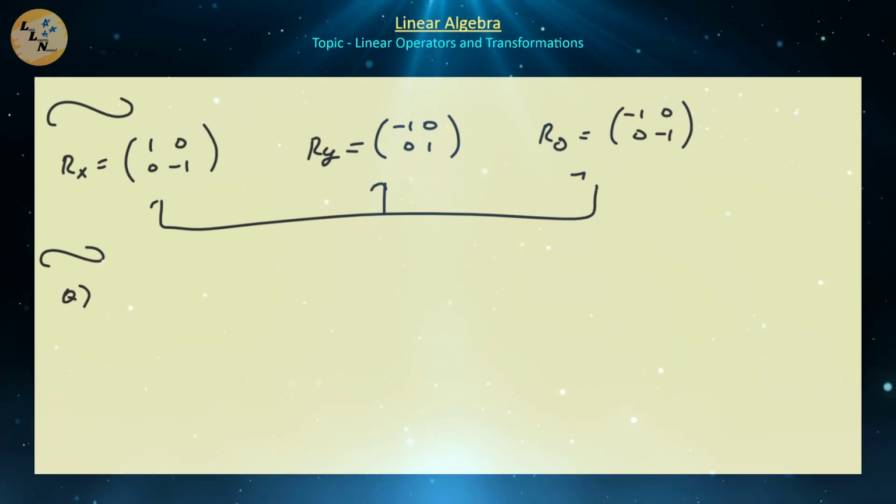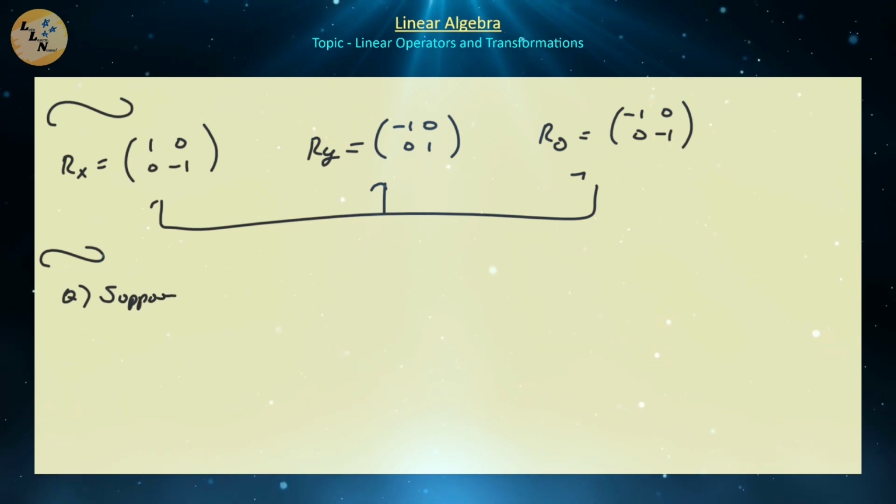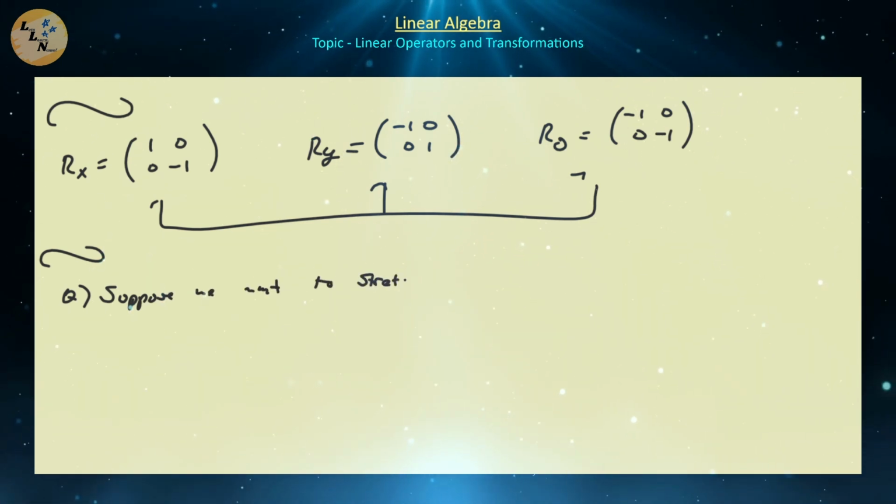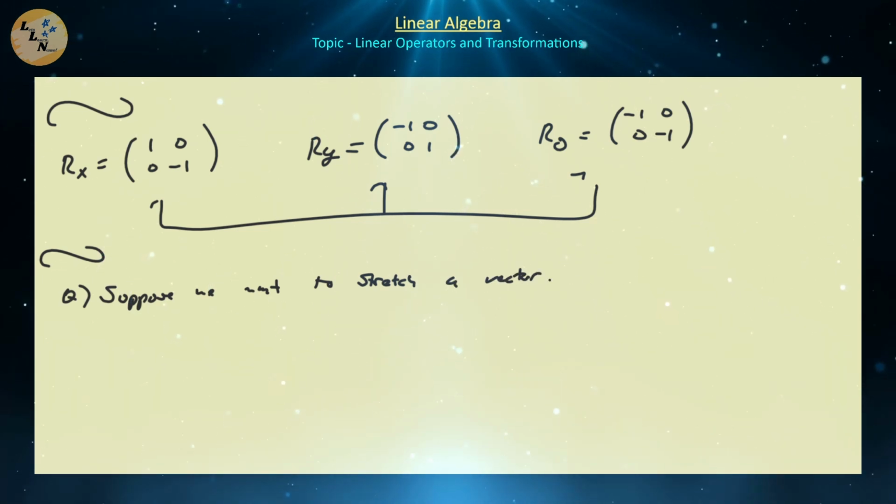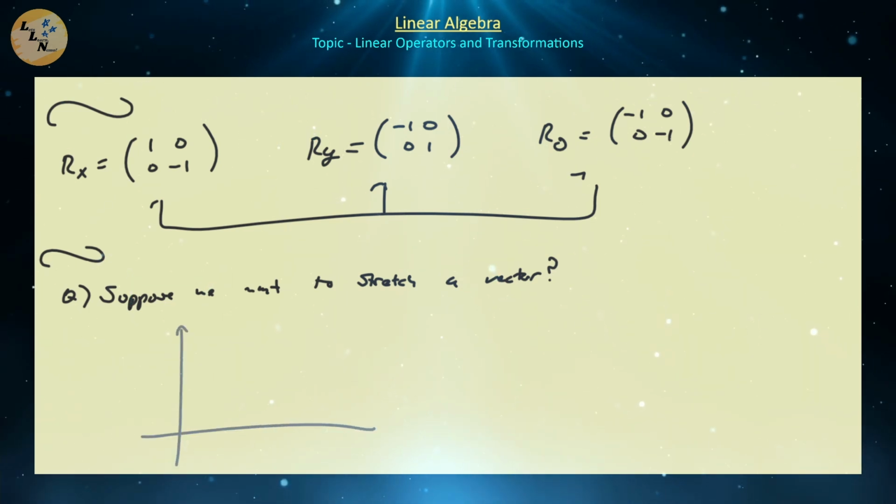Another transformation that you may want to consider is, suppose we want to stretch or compress a vector. So let's draw a little picture here. Let's assume that we have a vector u, and we want to have another vector there.